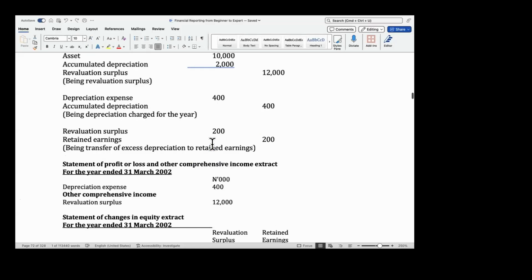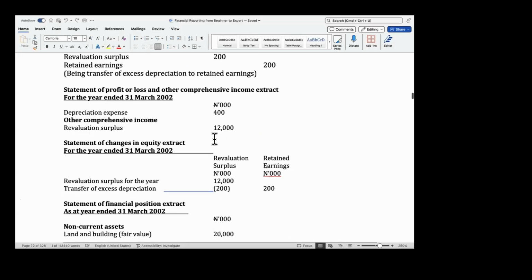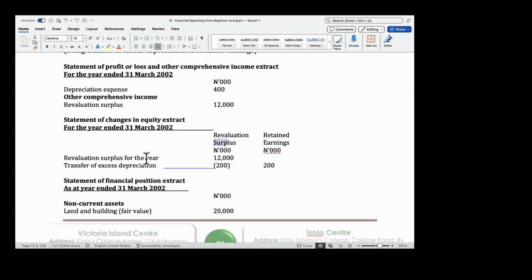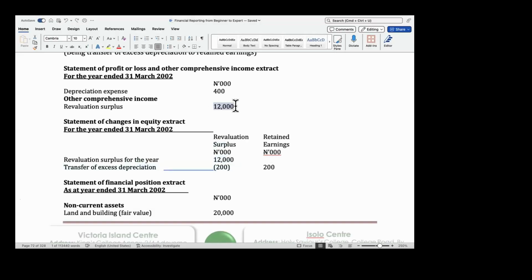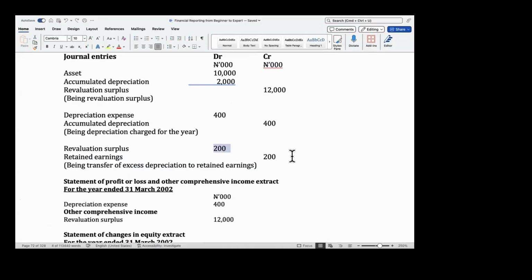In my statement of changes in equity, what shows there is the surplus and retained earnings. So my revaluation surplus for the year, from this OCI, comes to equity. All items that go to OCI are transferred to the statement of changes in equity. And we are transferring excess depreciation, this one that I just explained, that 200 that we are taking away.